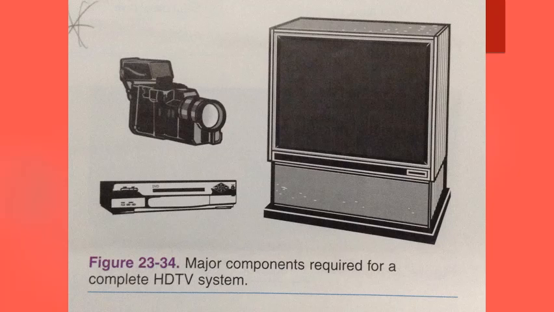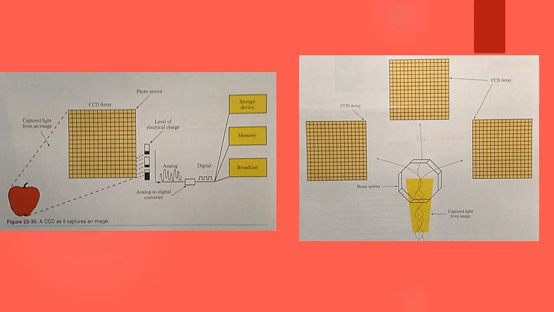That is a digital camera to record images at the higher resolution, a digital receiver, an HDTV tuner, to convert received broadcast into image and sound, and a display unit capable of producing images at the high definition TV resolution. If any of these three major parts are missing, the HDTV system is incomplete and will not produce an HDTV picture.